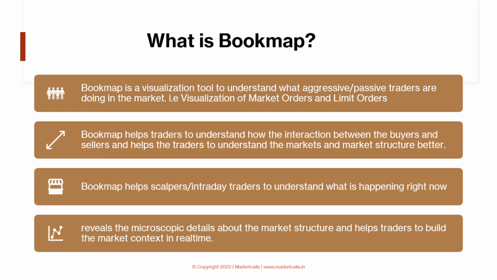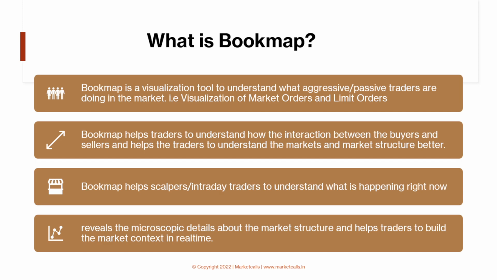Passive traders are the ones who supply liquidity to the markets, who send limit orders. So Bookmap is a tool to visualize aggressive activity, and at the same time, we can visualize passive activity. We get a holistic picture of what is actually happening in the market at a very microscopic level.